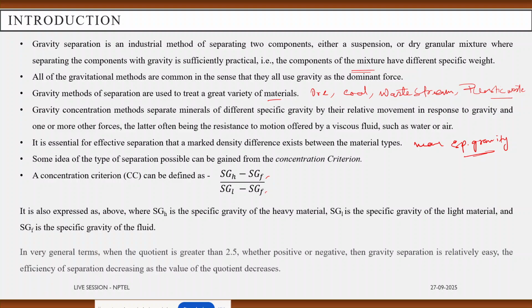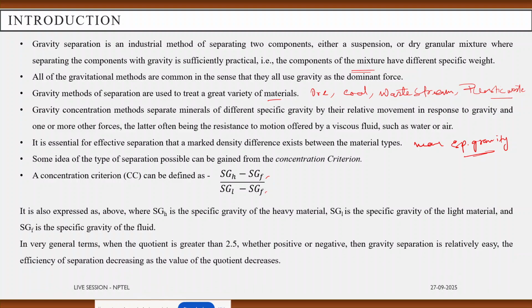Now, when the concentration criteria value is greater than 2.5, either positive or negative, that doesn't matter, then the specific gravity separation will be relatively easy.